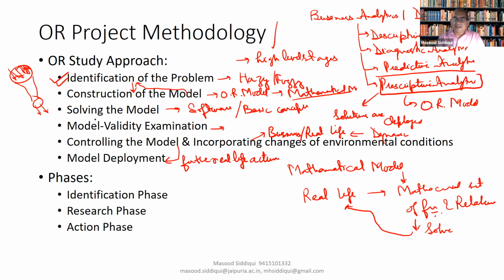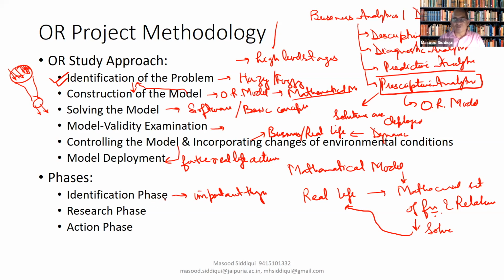So these are the broad 6 steps that are used in any typical operations research study or project. Now we can divide these 6 stages into 3 phases. The first phase, that is the most important phase, is the identification phase. We identify the problem and incorporate the important features that would be relevant for our problem solving.